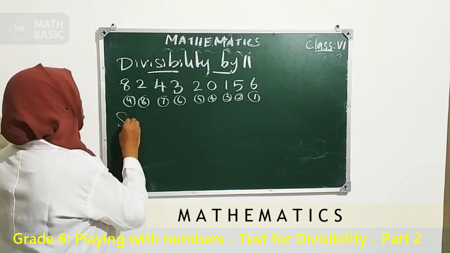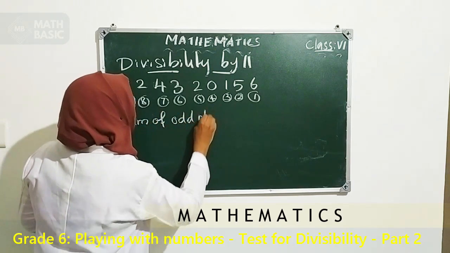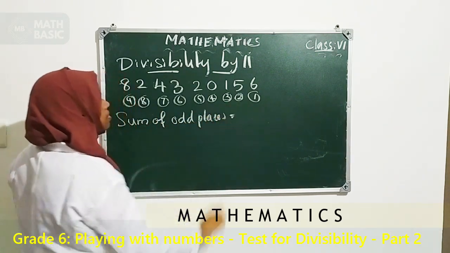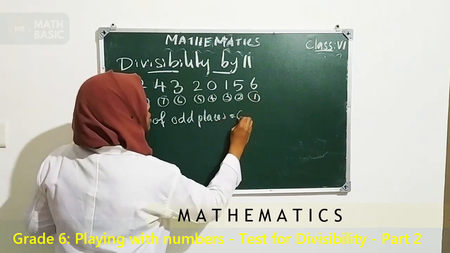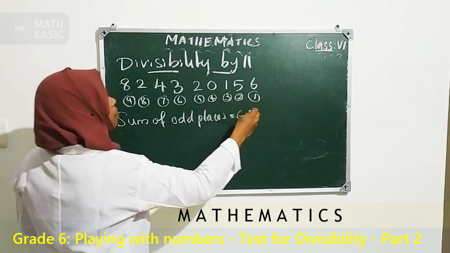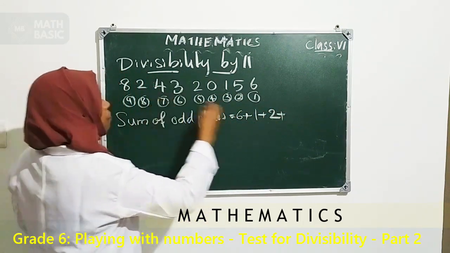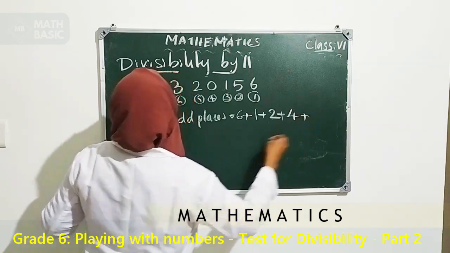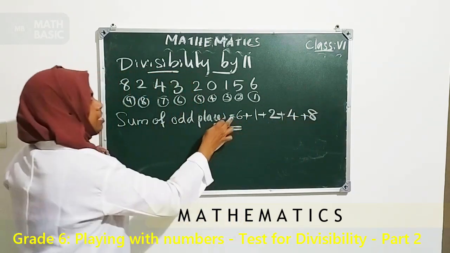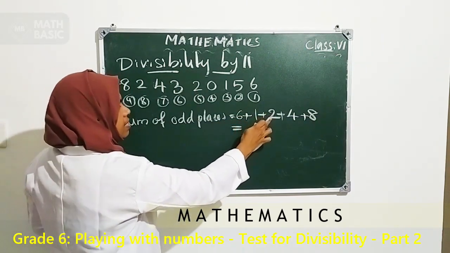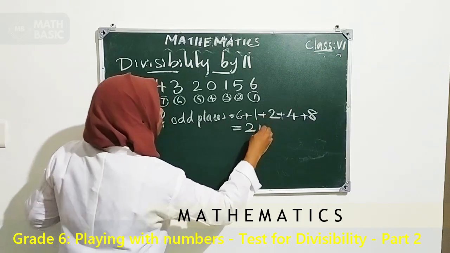See the sum of odd places: 6 plus 1 plus 2 plus 4 plus 8. Add it: 6 plus 1, 7, 9, 13. 13 plus 8 is 21.